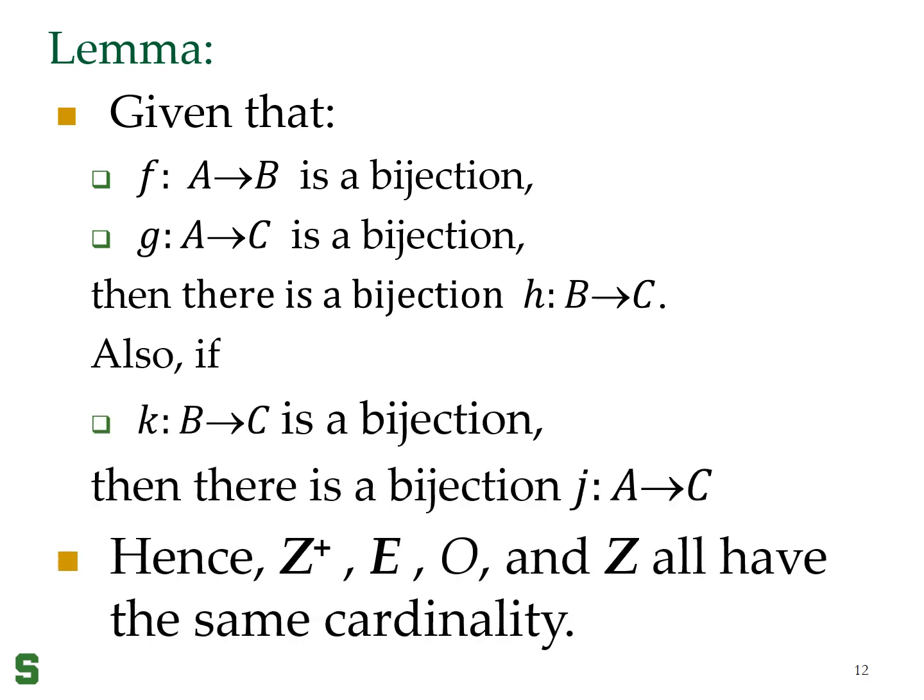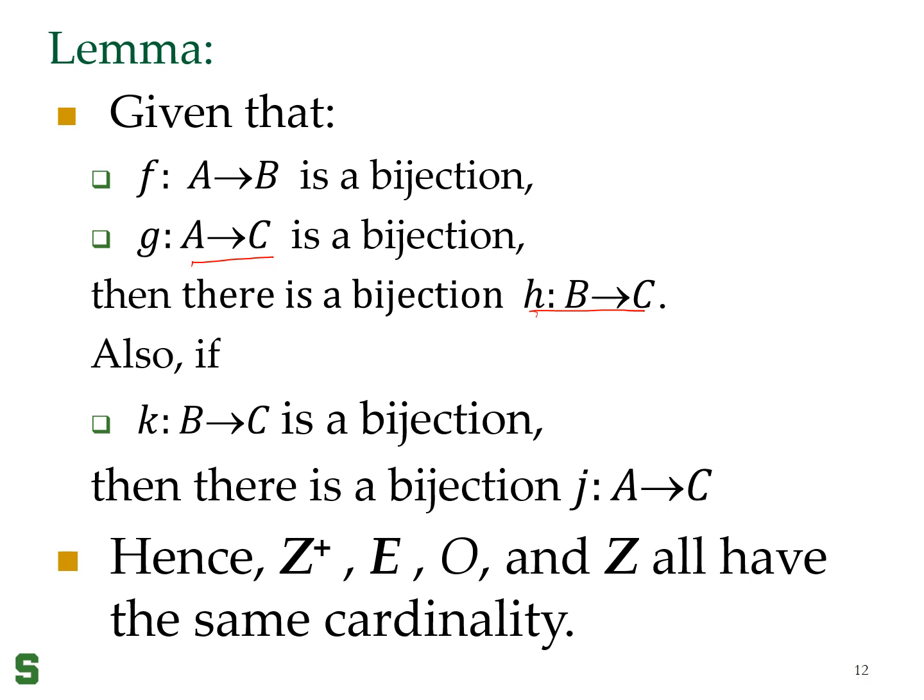Here is one lemma that we can have. If I have a function from A to B that is a bijection, and I have a function from A to C that is a bijection, then we can create a function h from B to C that is also a bijection.